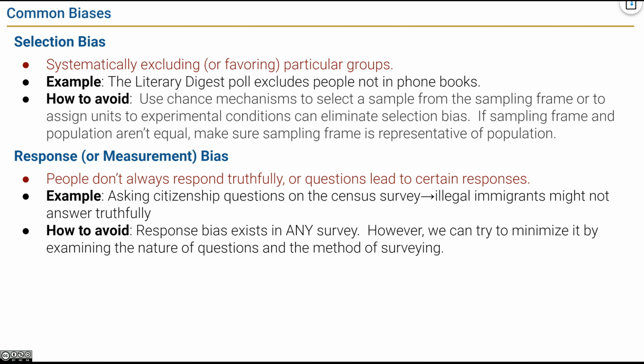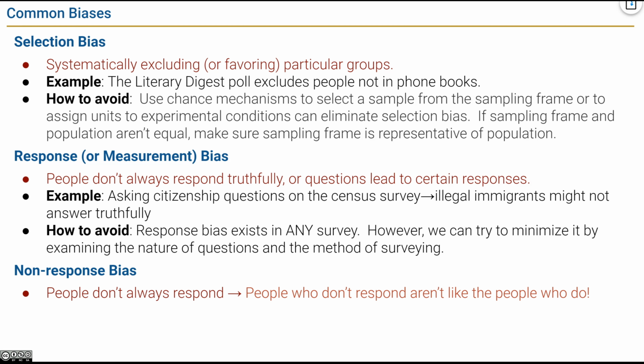Some ways of trying to avoid this are to examine the nature of the questions in your survey. Sometimes you can send out pilot surveys first to help improve question wording and thus hopefully reduce measurement bias. For instruments that have some measurement bias, you can try protocols to calibrate the instruments. For example, taking measurements in random order can help reduce some measurement bias.